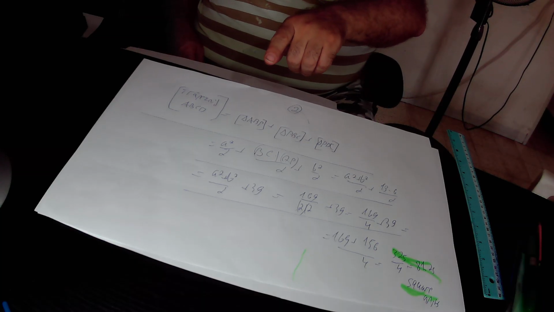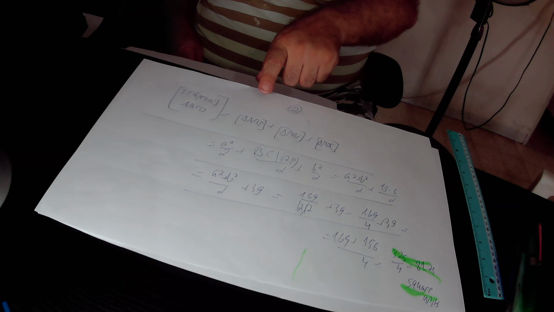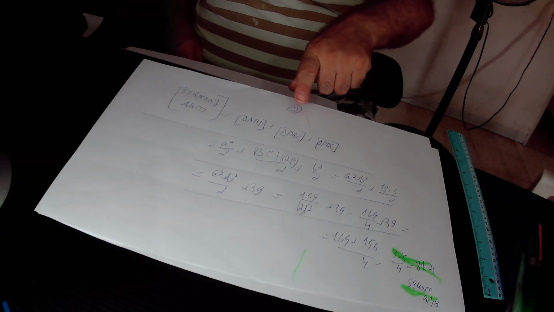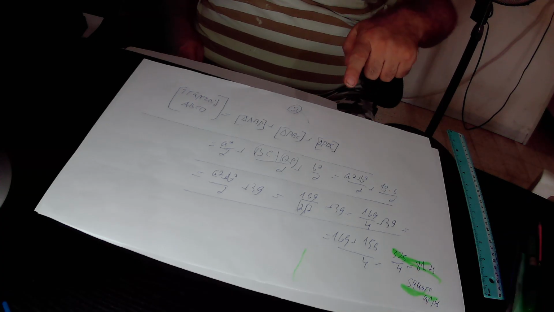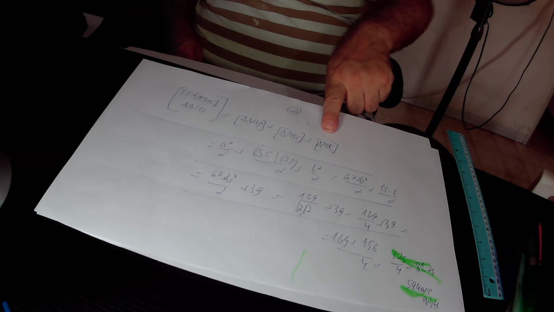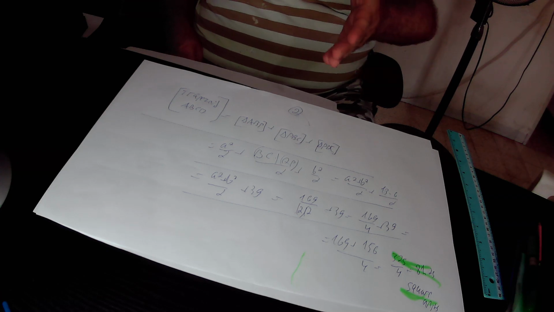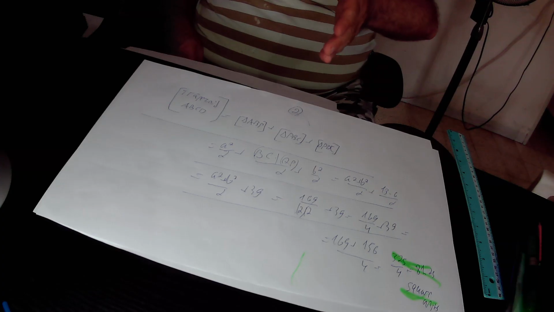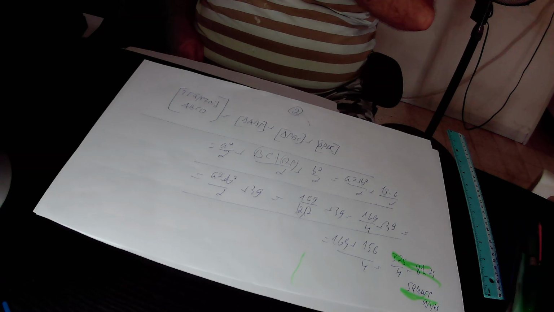That is to say, the area of triangle ABP, plus the area of the big right triangle PBC, plus the area of the right triangle PDC. So we have to find out the area of each component, and the sum of the areas of those 3 components in total will be equal to the area of trapezoid ABCD. That is the area that we are looking for in this question.